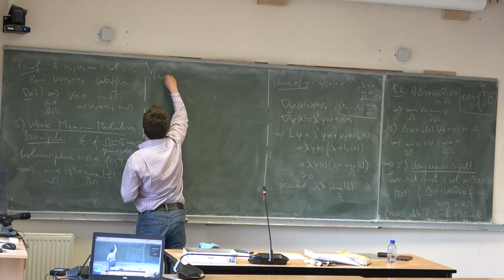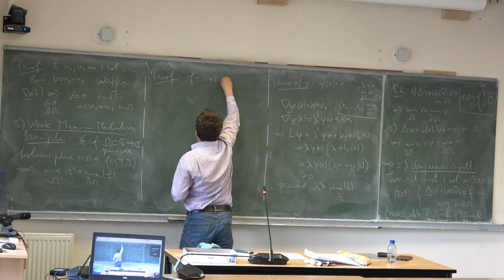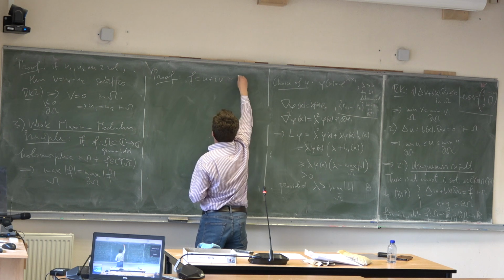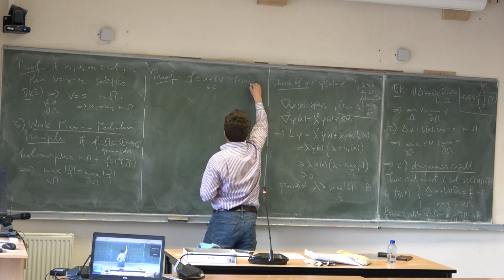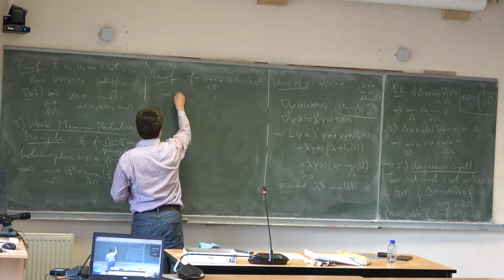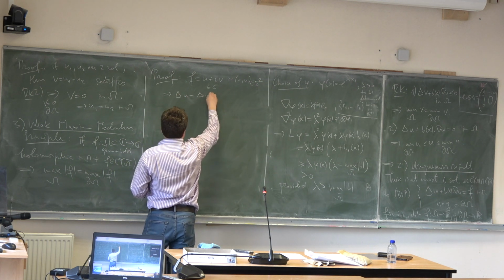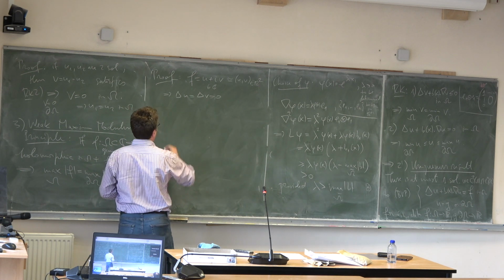So the proof is that, so f, you can write it like this, right? So this is complex, this is R2. So being holomorphic means that the components are harmonic, right?